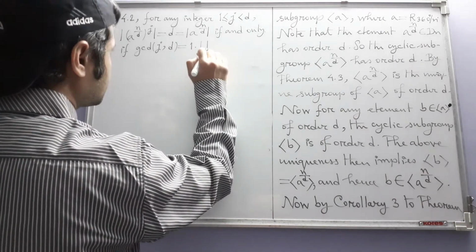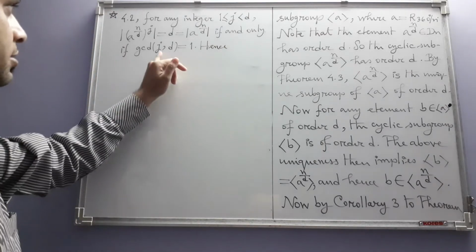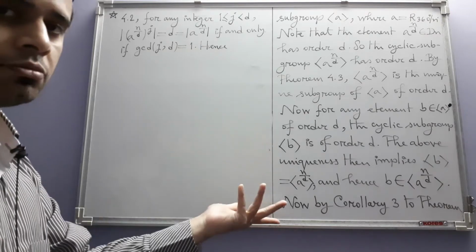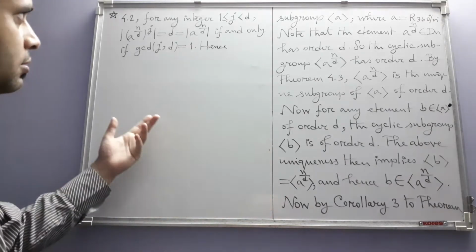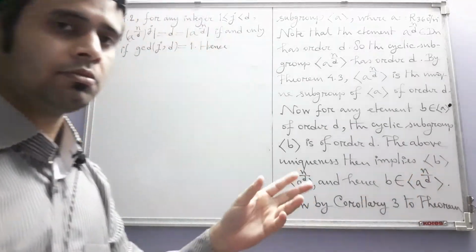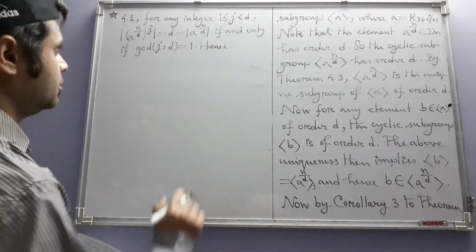Hence the number of such j's is precisely phi of D, and that many elements we will have in this subgroup which have order D. Each one of them has order D.